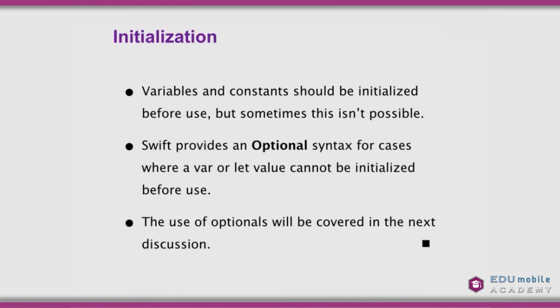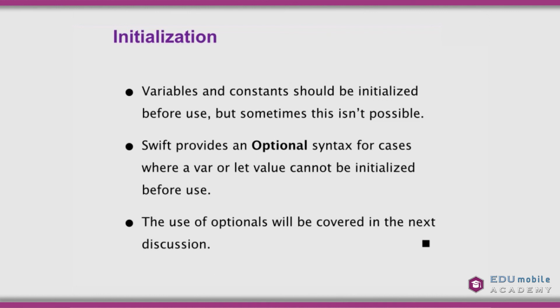All right, so initialization, we're going to kind of wrap this up now before we have a demo. Variables and constants should be initialized before they are used. Constants are initialized before they're used. We can't just say let age and then not assign it. But a var declaration we can. We can say var age colon int, and then not assign it.